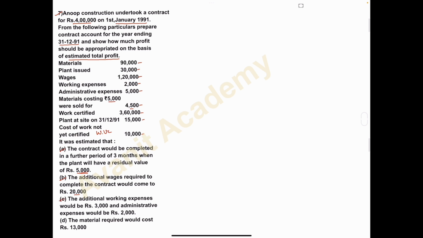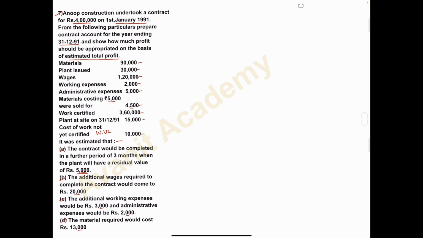C. The additional working expenses would be rupees 3,000 and administrative expenses would be rupees 2,000. And the last point, the material required would cost rupees 13,000. All these things they have required. So these are the additional things which they require to complete this contract.